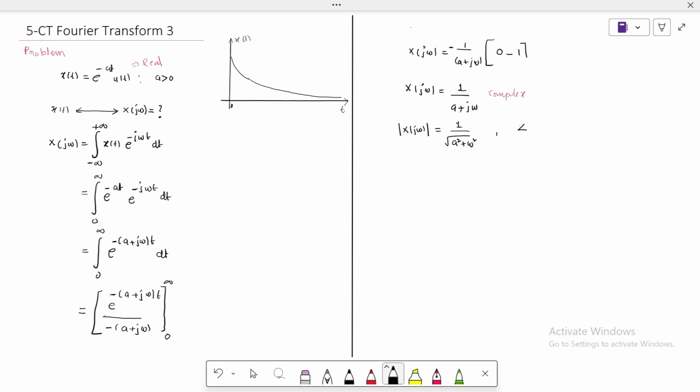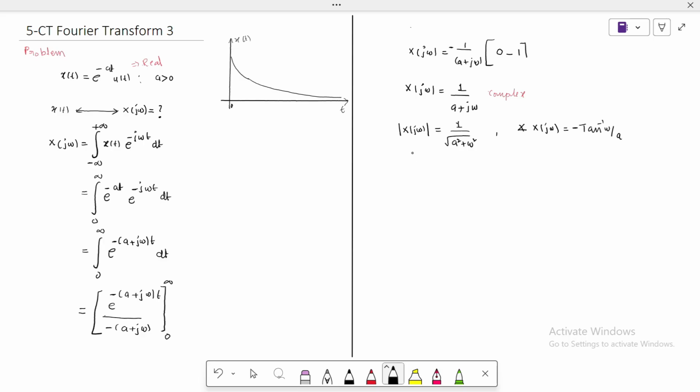And the angle of X of j omega: we know the numerator angle is tan inverse 0 by 1, which is 0, and the denominator gives tan inverse of omega by a, so the angle equals minus tan inverse omega by a.